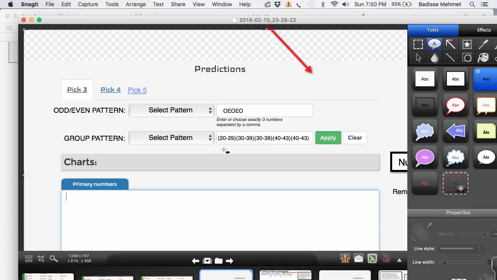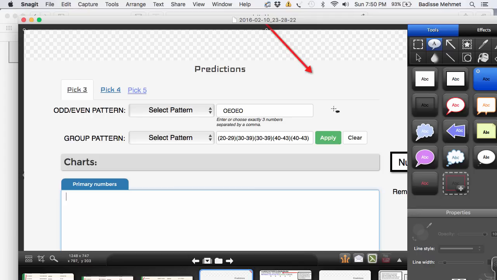The group patterns would be 1 to 9, 10 to 19, 20 to 29, 30 to 39, 40 to 43, because in New Jersey Cash5 there are numbers from 1 to 43, and they could be labeled 1s, 10s, 20s, 30s, and 40s. That's one of the keys on how to predict the next Cash5 winner.